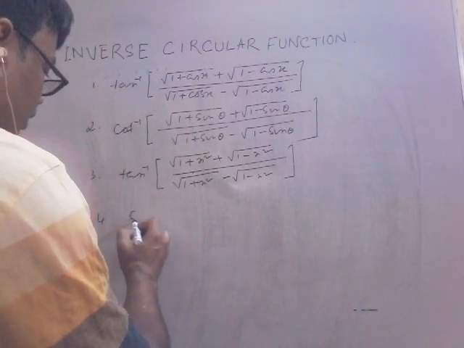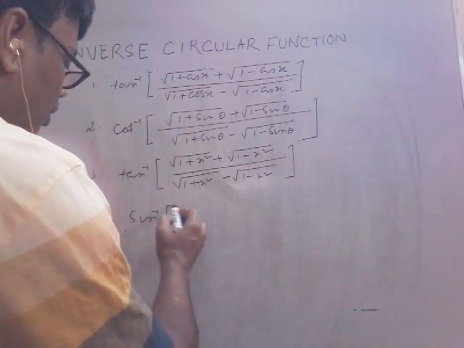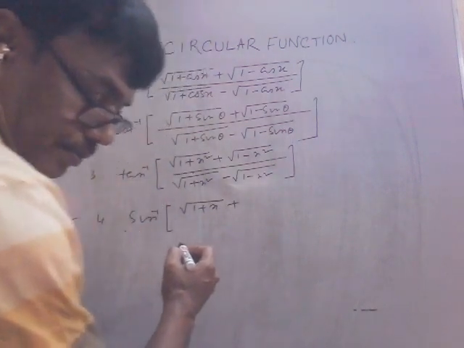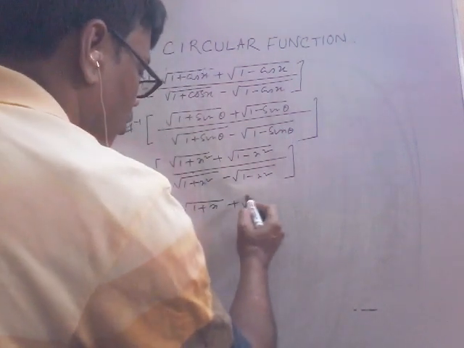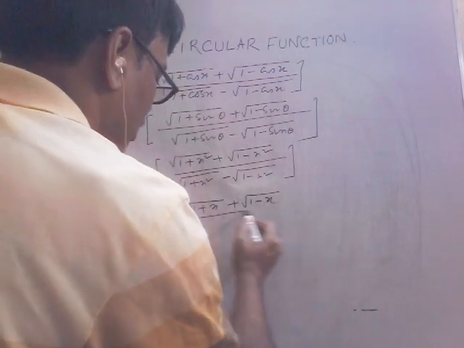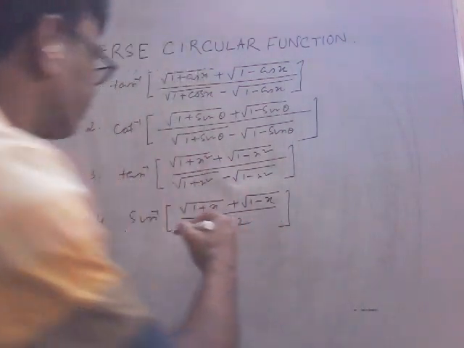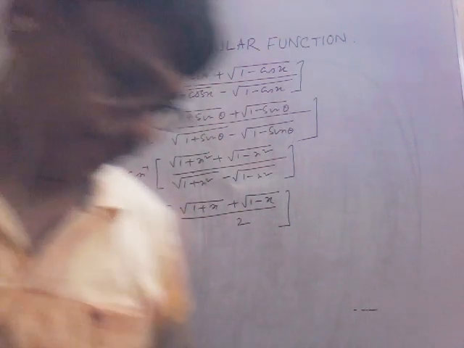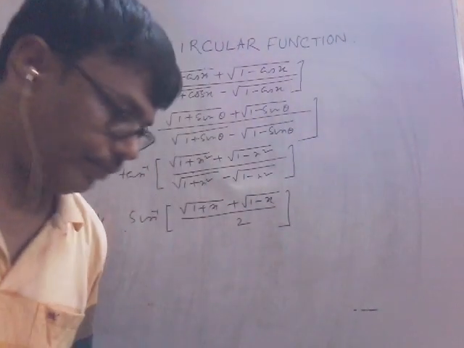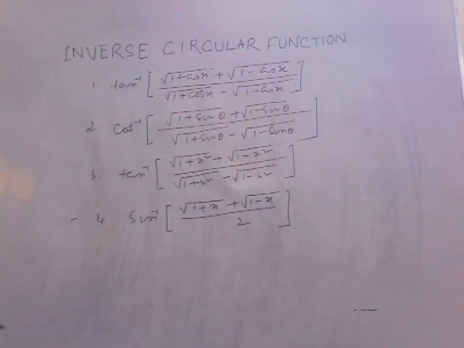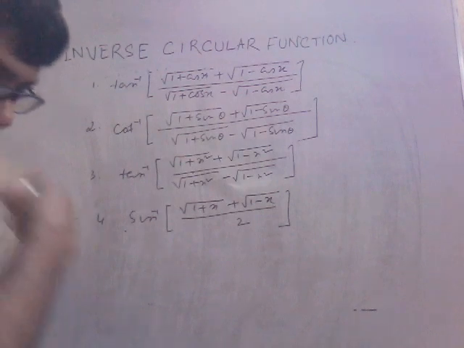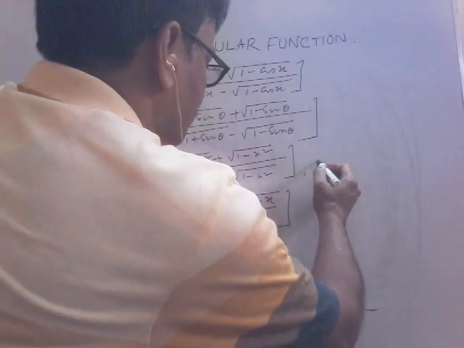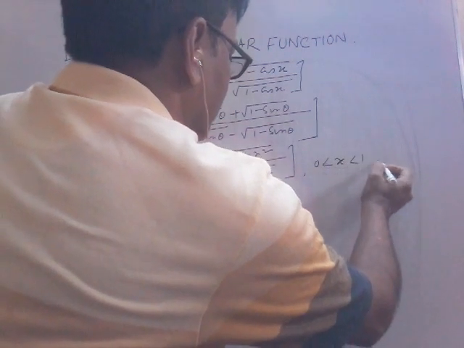Sin inverse of root over 1 plus x plus root over 1 minus x, divided by... there is a restriction in this problem, 0 less than x less than 1.